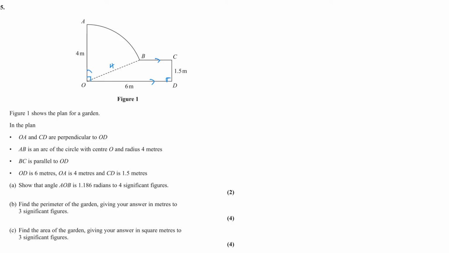So we're finding this angle here. So how I would do this is I would put this here, so this is 1.5. That's a right angle. So I just redraw it up here.